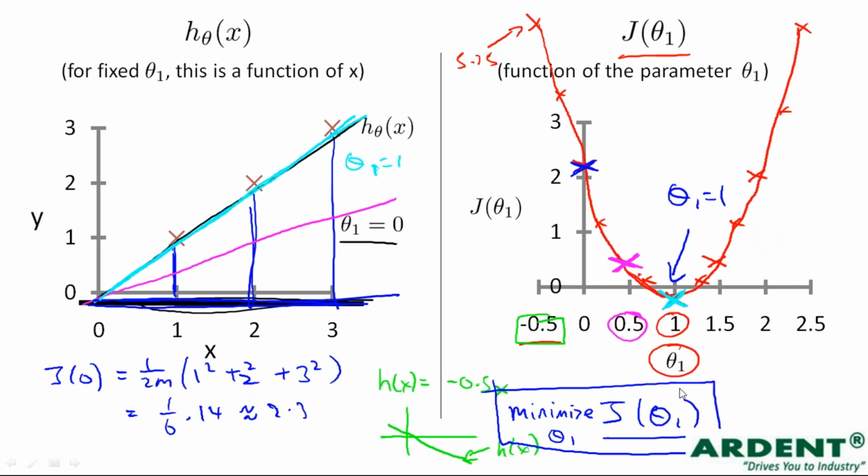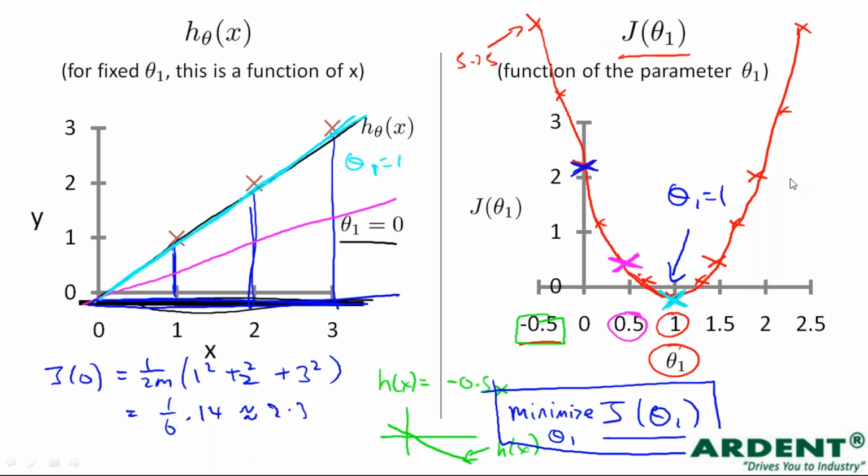Now here in the PPT it is written that to minimize J(θ1), we can see that J(θ1) is minimum at θ1 value of 1. If the θ1 value is 1 on the x axis, then definitely we are getting the minimum J. Yes or no?